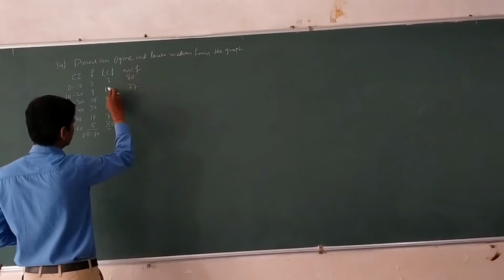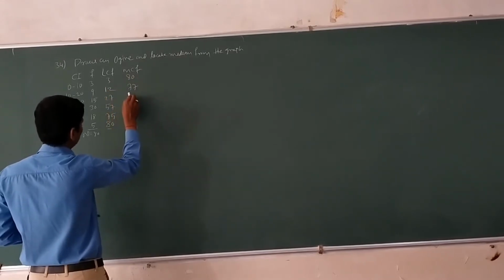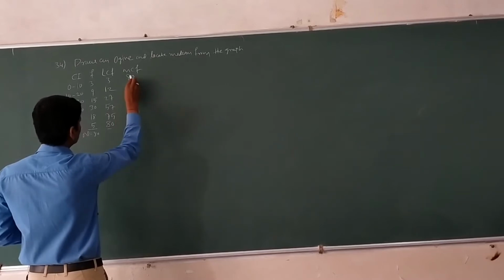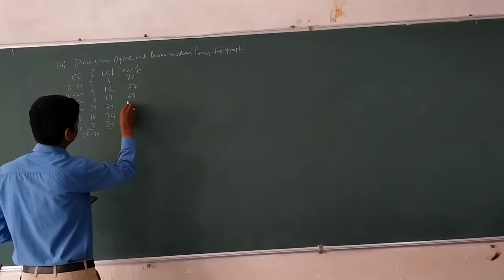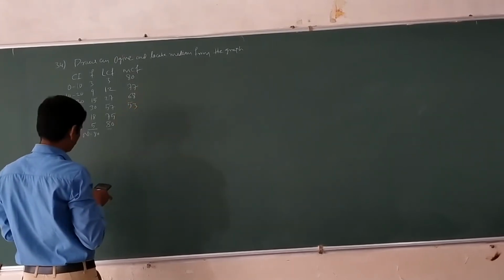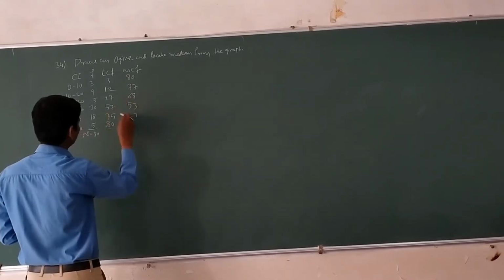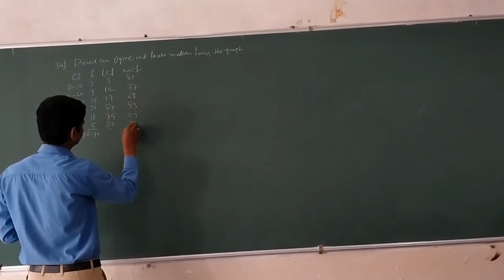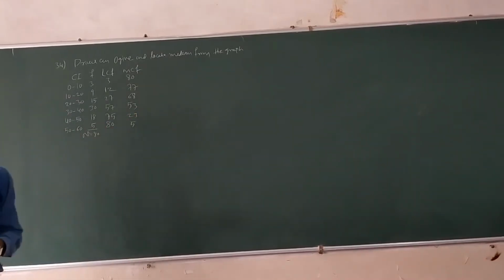The next, the highest minus the second LCF: 80 minus 12 is 68. 80 minus 27 is 53. 80 minus 57 is 23. 80 minus 75 is 5. Here, the frequency's last term and the MCF's last term are both the same.